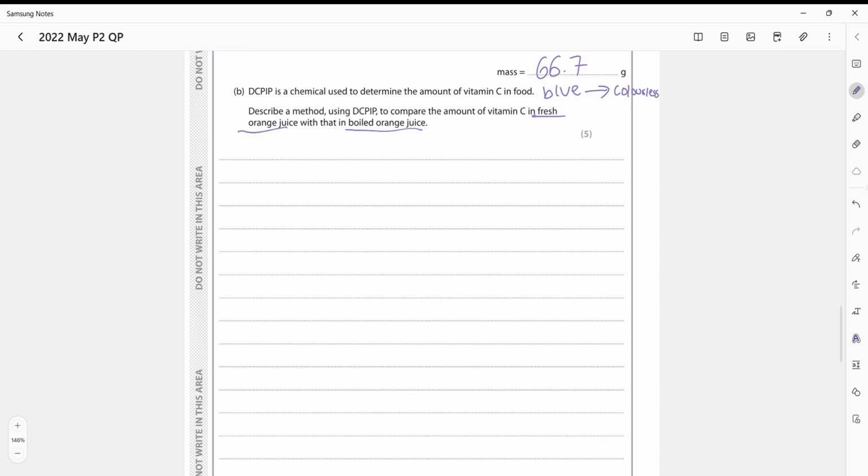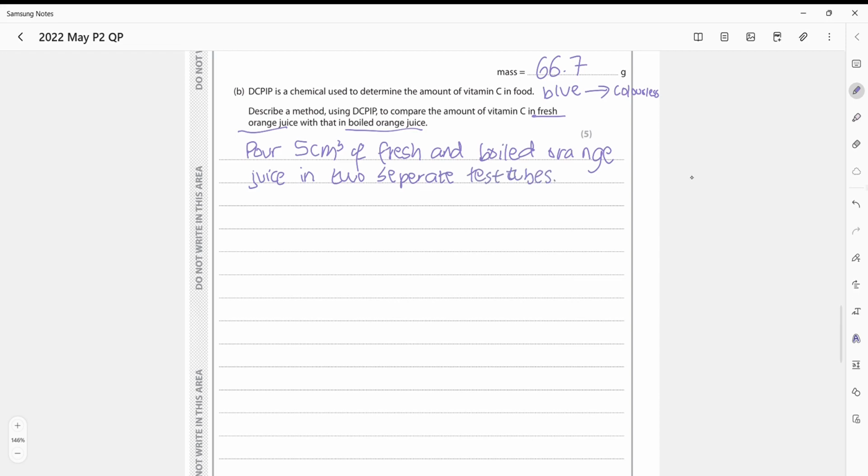So let's write this down. Pour, let's say, 5 cm cube of fresh and boiled orange juice into separate test tubes, and then we would use a burette.